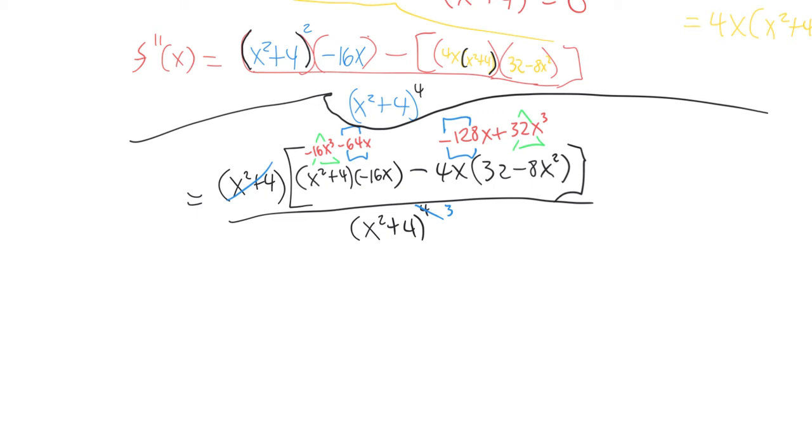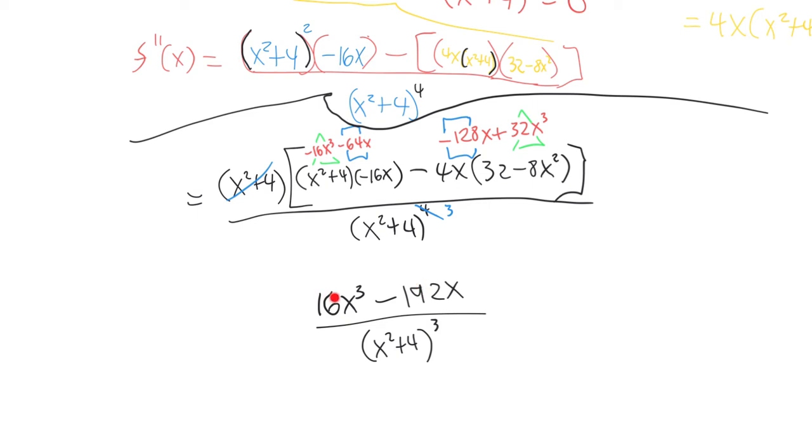So I think what I'd like to do now is go ahead and just combine like terms up top. Now that's going to result in 16x cubed. Negative 64x minus 128x is going to become negative 192x. And then we have x squared plus 4 cubed down below.